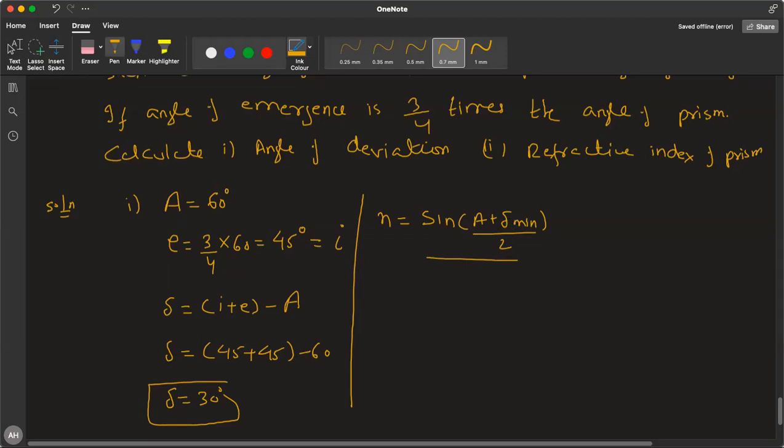Unless it is given that these two angles are very small, you should not use small angle approximation. Always. Okay, sir. Sine of A plus delta minimum by 2 divided by sine of A by 2.